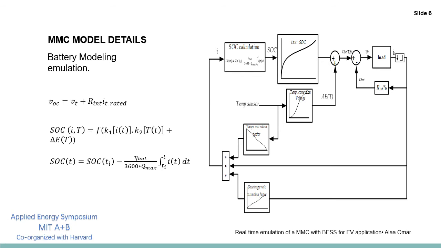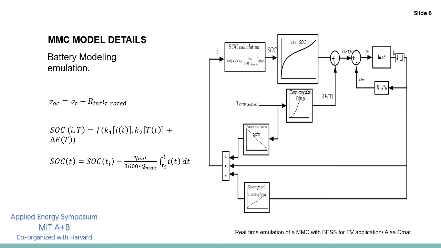Once the open circuit voltage is calculated, another correction factor, which is called the temperature correction voltage, will be added to the open circuit voltage. Then this open circuit voltage will be used to calculate the terminal voltage of the battery using the internal resistance of the battery.